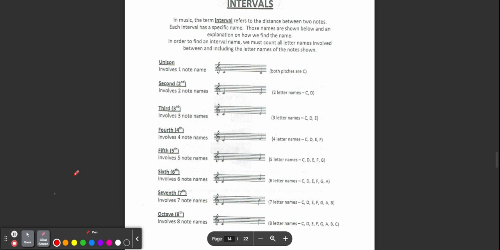An octave. Let's play these on the piano. We played the first one already, and we heard the second.